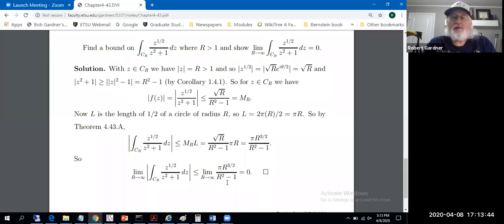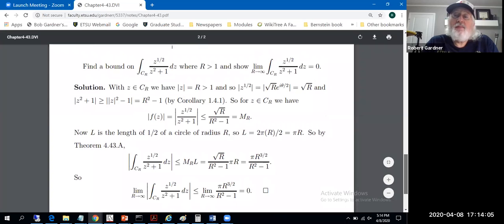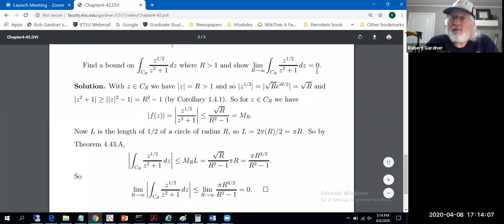Borrowing from your calculus 1 knowledge, the denominator is a higher degree than the numerator, so this is going to go to 0. If the limit of the modulus goes to 0, then the limit of the quantity itself must be 0. The only number of modulus 0 is 0 in the complex setting. So the limit of that integral must be 0 as well.